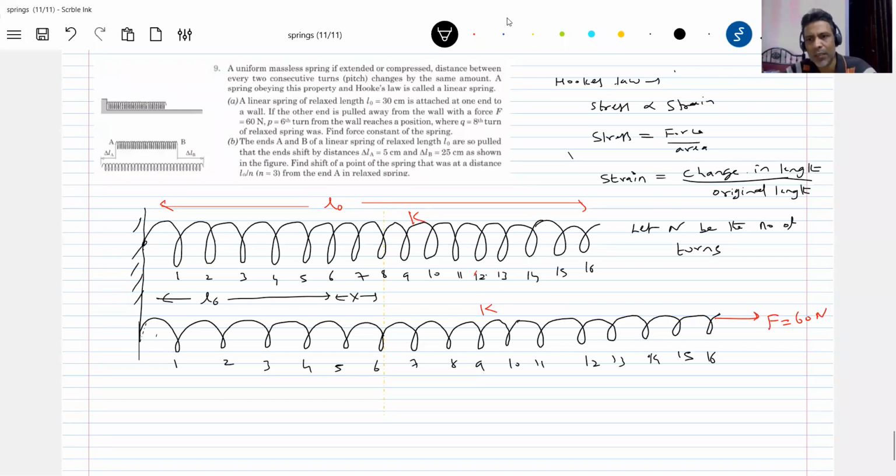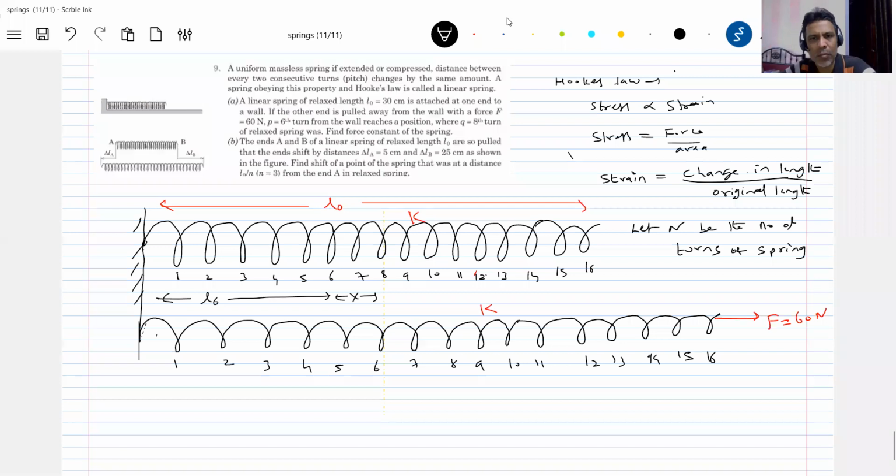Let N be the number of turns of the spring. Okay, now what is the length of L6? Here I showed some gap between turns, but practically, if you open a spring from your pen, the gap between individual turns will be almost negligible.